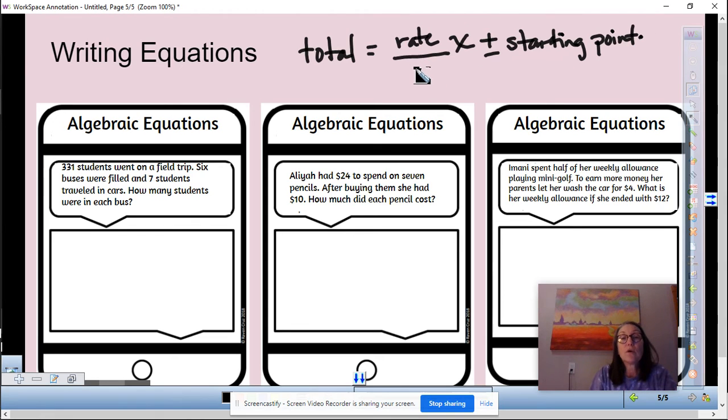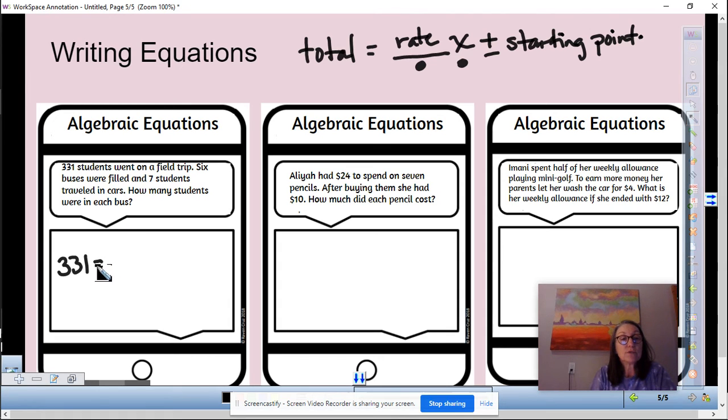Now, understand that this number and this variable can be interchangeable, because sometimes it is the rate that we're trying to find. And in this case, we're trying to find the rate. So these will be interchangeable. But we know our total, 31 students.